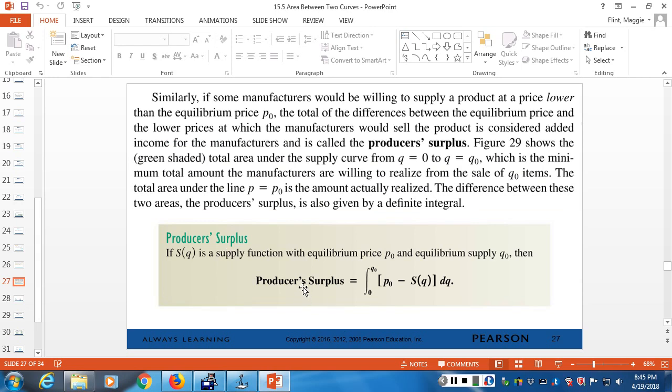Well, the producer's surplus, you take the equilibrium point minus the supply quotient, which again is a function of price. That's actually a way of expressing the price.